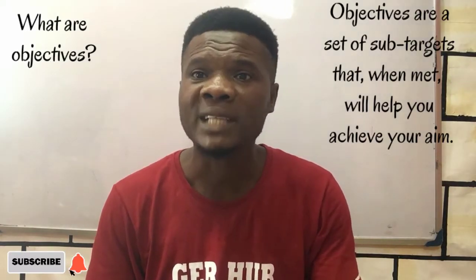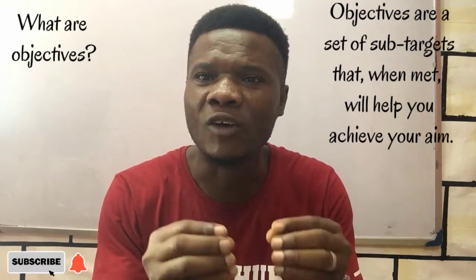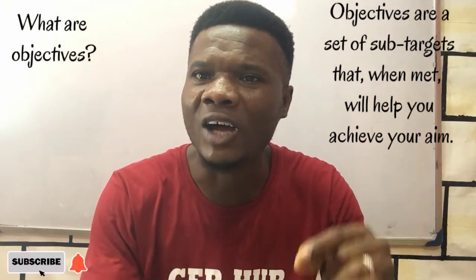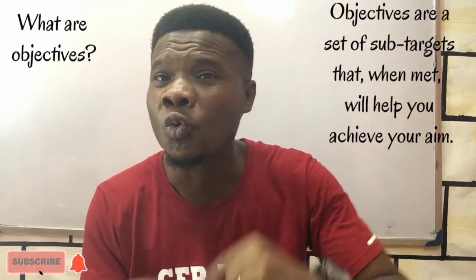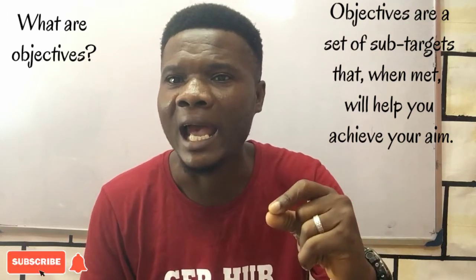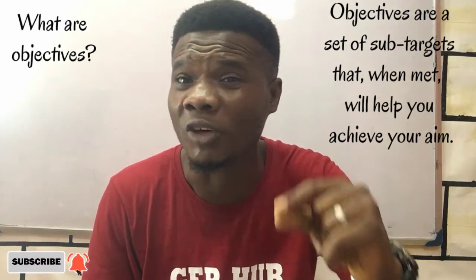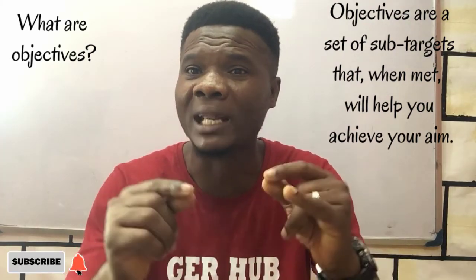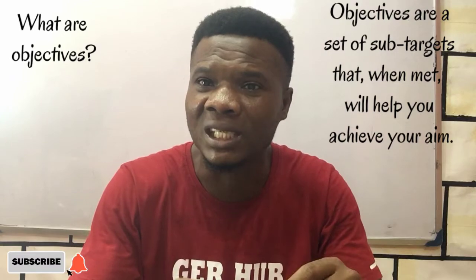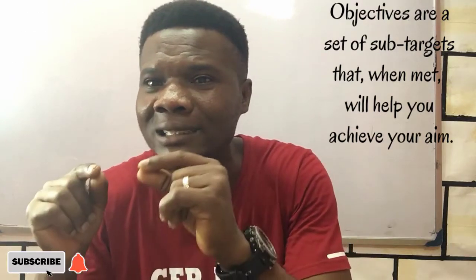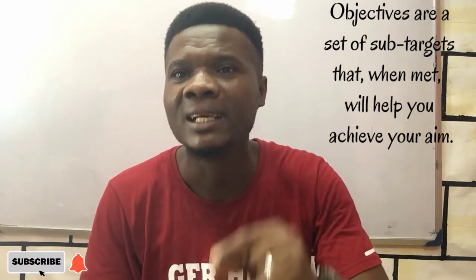Okay, now, since we have just said that aim will lead to objectives, what are objectives? Objectives are a set of statements coined out from your aim, such that if you can actually accomplish the activity each of those statements entails or embodies, then you would be achieving the aim.